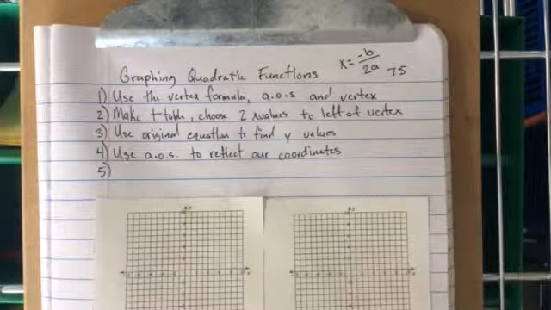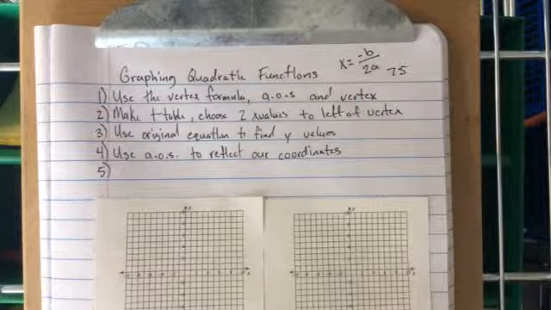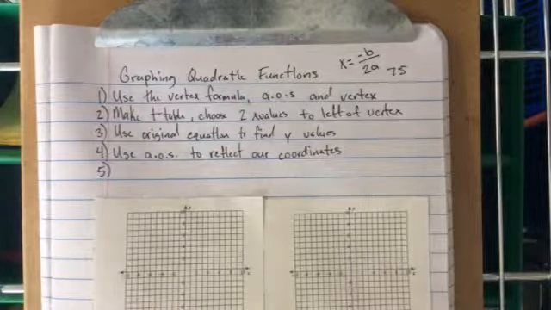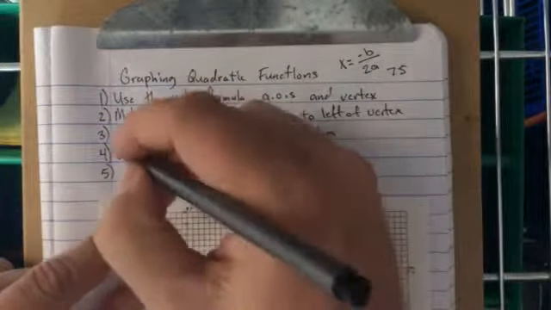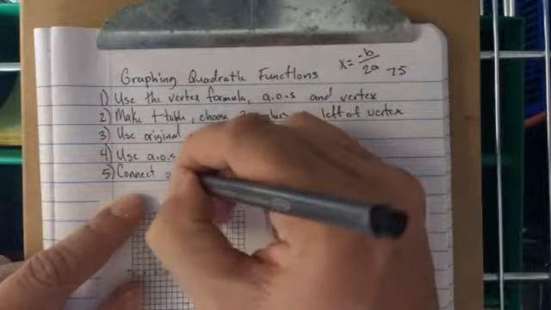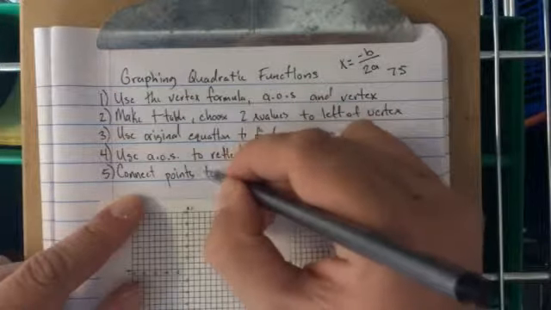So we're going to use that axis of symmetry that we found to reflect, to give us 2 more points to finish out our parabola. And our last step is connect the points to create the parabola.